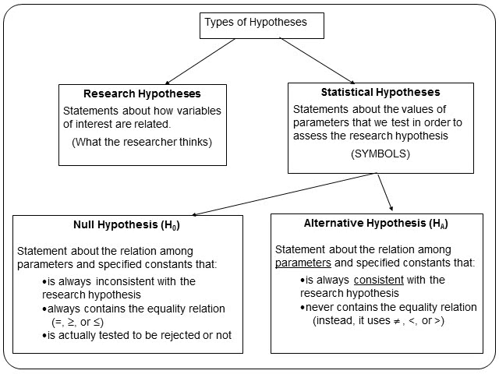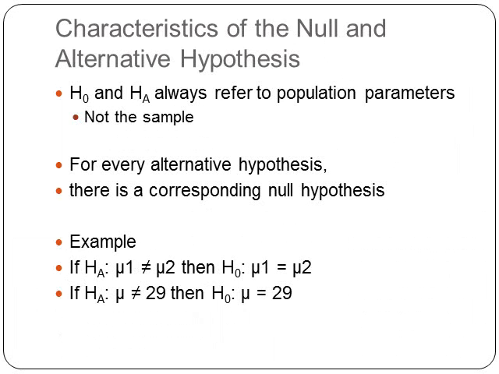The first set we call the null hypothesis, H naught, and this is always inconsistent with the research hypothesis and contains equalities. It's sort of the hypothesis of no difference, one might say. Alternative hypotheses are always consistent with the research hypothesis, and we never use equalities. We always use the inequality.